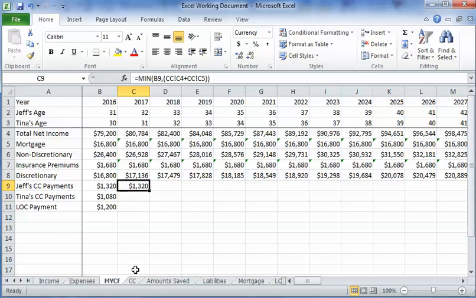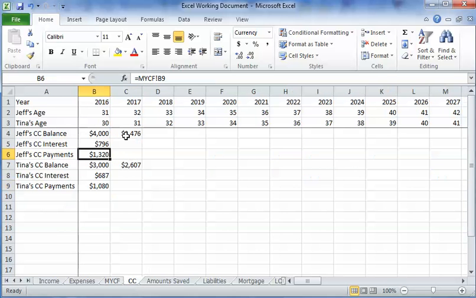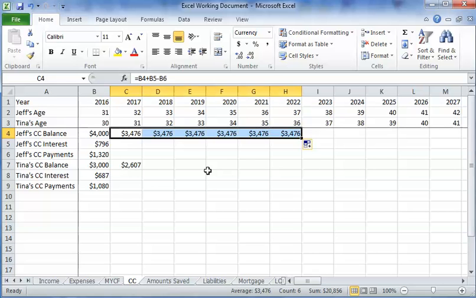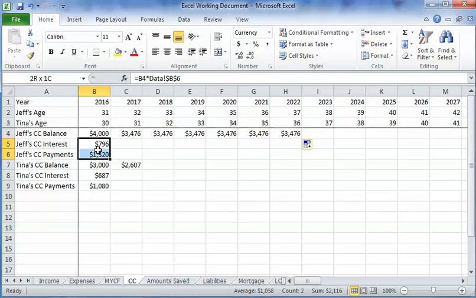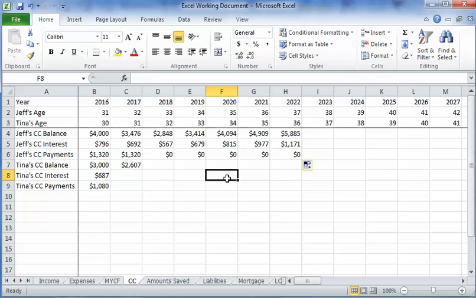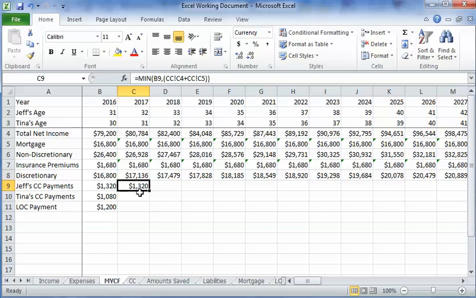so that as that credit card balance gets paid down now, which it should as we push this out, and we have to copy our payments across as well.